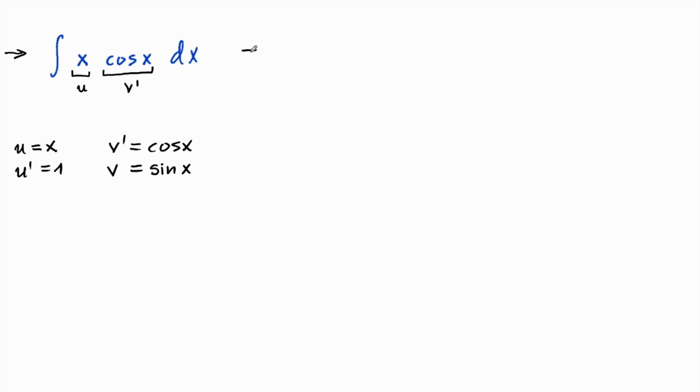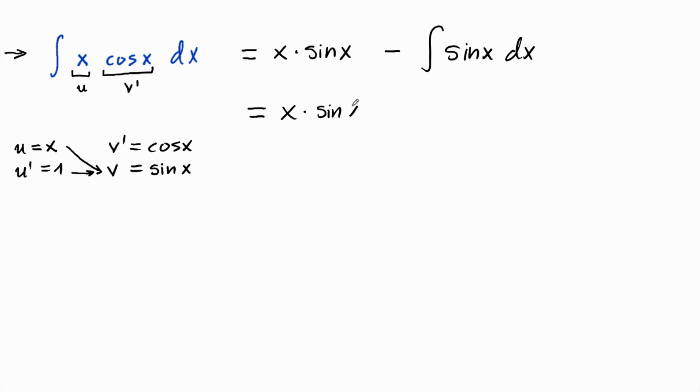So this integral is equal to u times v, so x times sine x, and then minus the integral of u prime times v, so 1 times sine x, so sine x dx. This is easy to evaluate, so we have x sine x, minus and minus, so plus cosine x, and then plus c.